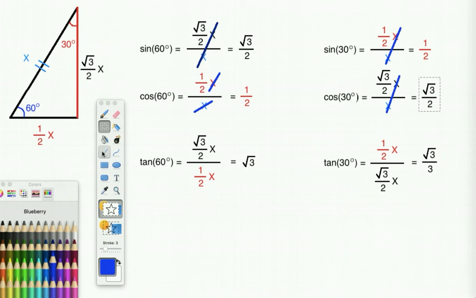Let's do the tangents. They're a little bit more difficult. This x and this x will still cancel out. Now, there are two different ways you can think of this.